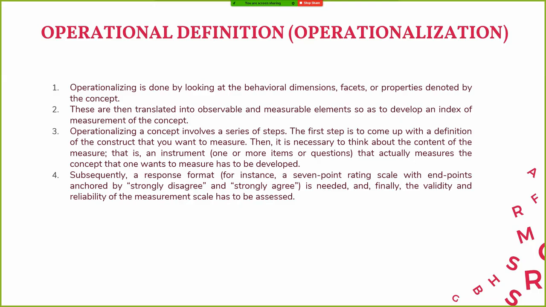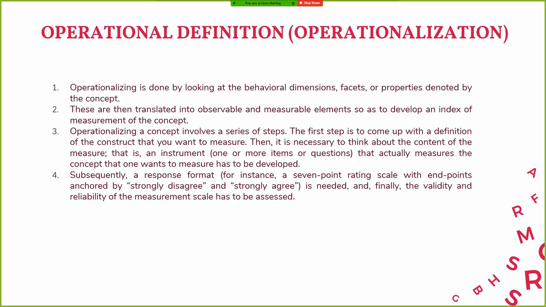Now whenever you are deciding on these measurements, the most important thing is, whenever you are dealing with a concept in your study, whenever you are looking into the operational definition or operationalization of a concept, the first thing that you need to do is define that particular concept in your study. The definition of quality for a mobile or a study that is looking into the quality of mobiles is very different to the definition of quality when you are studying a restaurant or in hospitality.